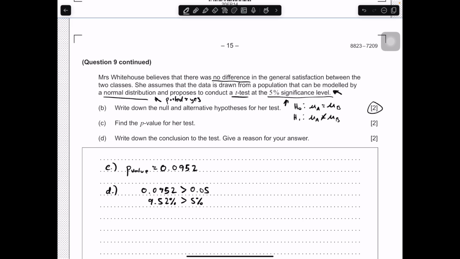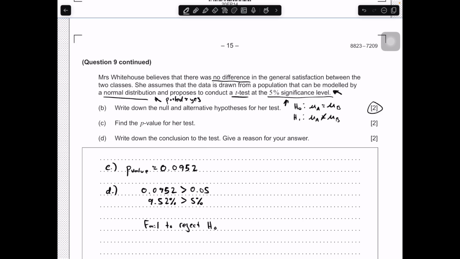And then what does that mean? Our p-value is greater than the significance level, so we fail to reject H0. Can you write accept? To be honest, I'm not sure. I haven't received clarification on whether you can write accept. To be absolutely safe, fail to reject the null hypothesis.